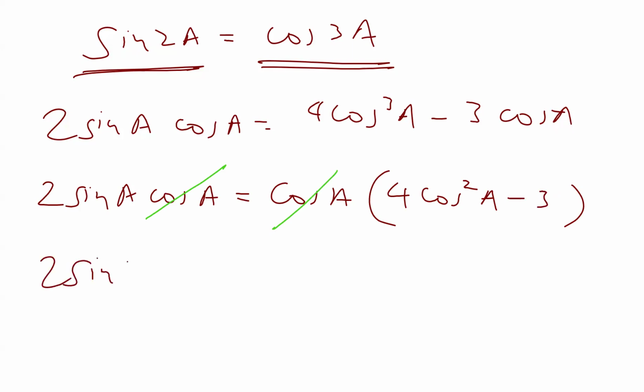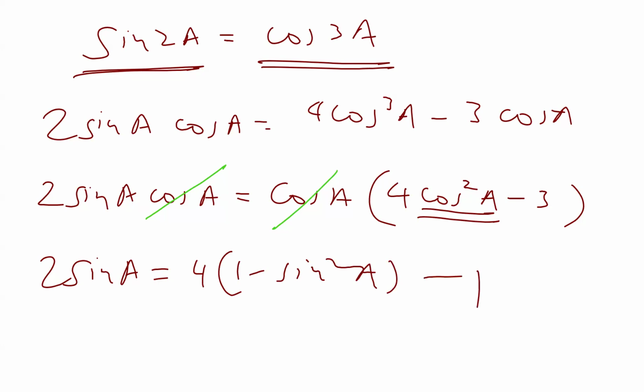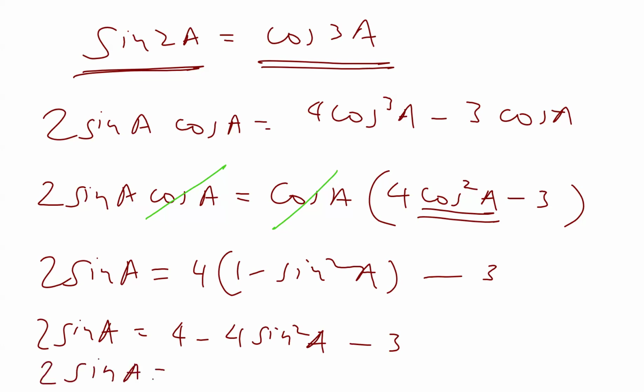So 2 sin A equals 4 cos square A minus 3. Convert this to sine: 2 sin A equals 4 minus 4 sin square A minus 3, which is 2 sin A equals 1 minus 4 sin square A.